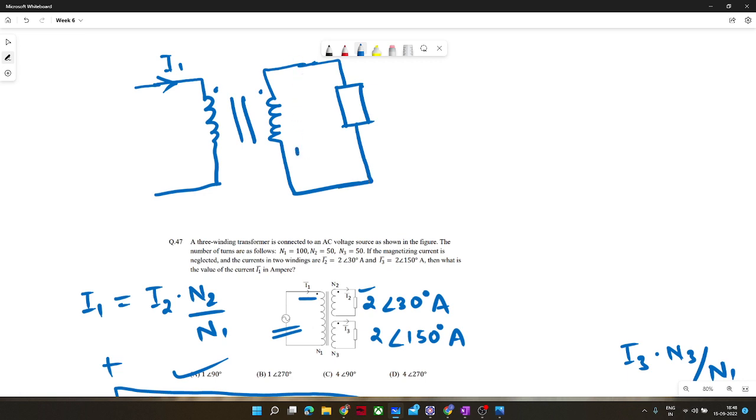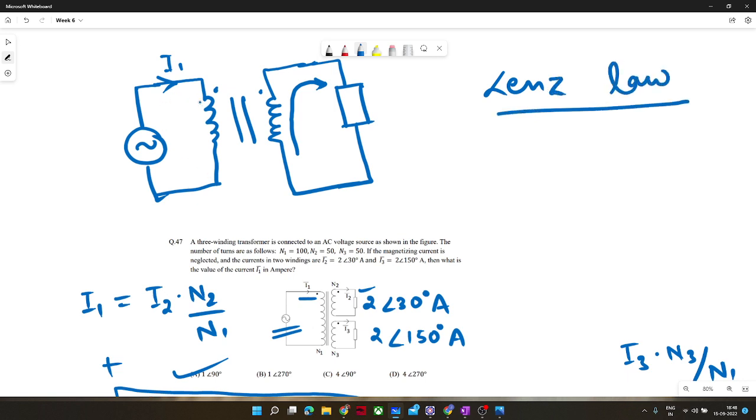Right? So it should go in this fashion so that any transformer would supply to the load. And this is according to Lenz's law. What Lenz's law says is that the consequence should oppose the cause.